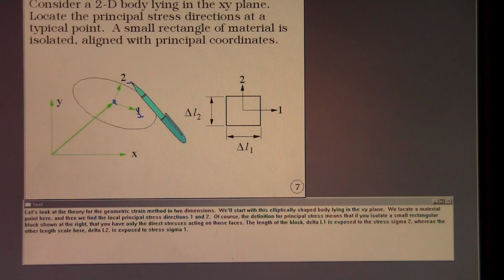Of course, the definition of principal stress means that if you isolate a small rectangular block shown at the right, you have only the direct stresses acting on those faces. The length of the block delta L1 is exposed to the stress sigma 2, whereas the other length scale here, delta L2, is exposed to stress sigma 1.